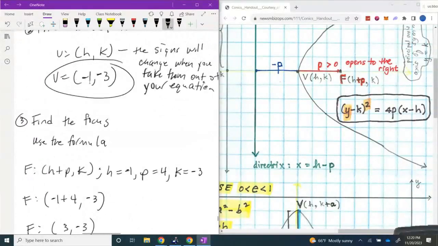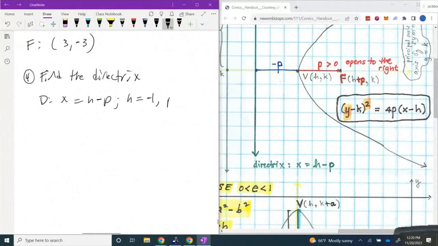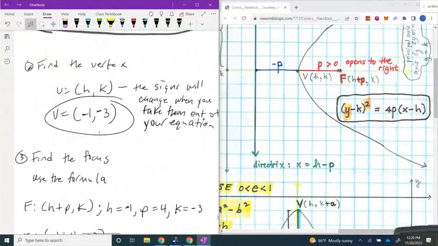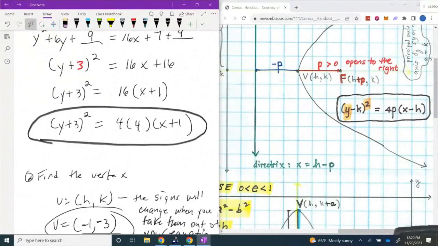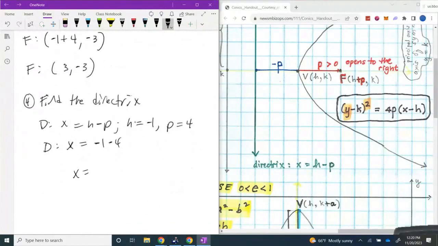Well, if we go back to our vertex, H is -1. And what is P? Well, if we go back to our formula, P was 4. So I'm just going to substitute H and P into the formula. So the directrix is X is equal to -1 minus 4. So the directrix should be X is equal to -5.